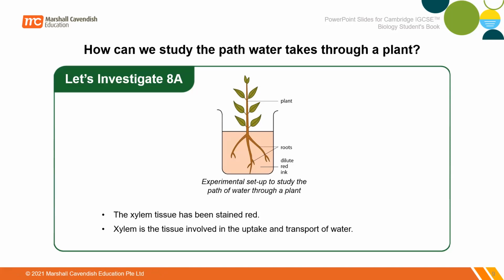We will add red ink diluted water like this, and we will check after a while how this diluted red ink is transported in the plant. It will be transported through xylem, through phloem, through leaf, through stem, through root. We will check this after a while.